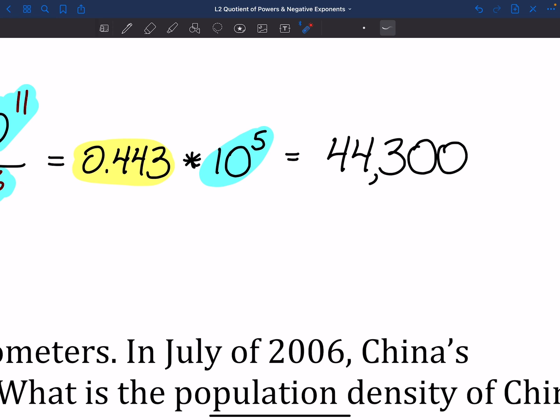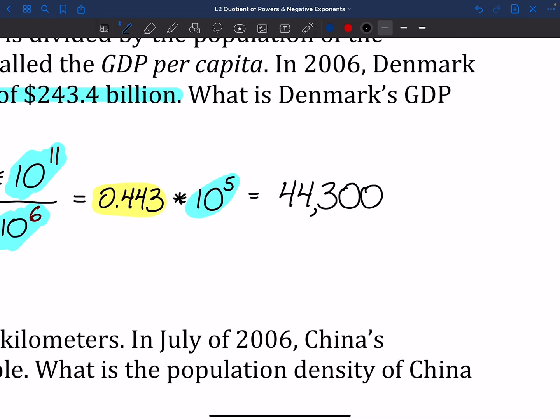That's where those extra zeros are coming from. It's like I moved my decimal place 5 spaces to the right to get rid of that 10 to the 5th. So that's one way we can use scientific notation. This is GDP, so it's money per capita, or per person, whichever way you want to say it.